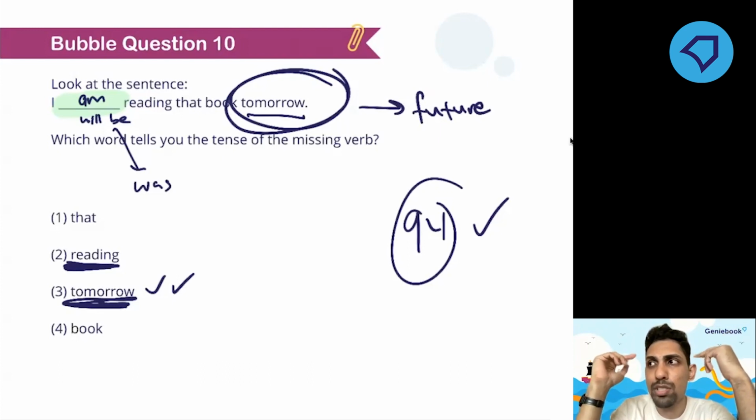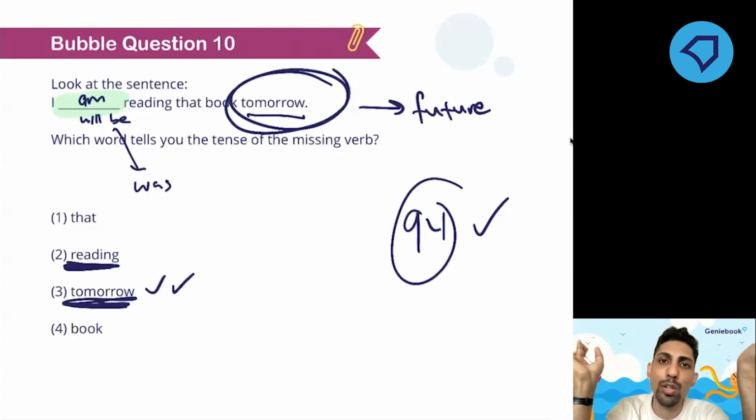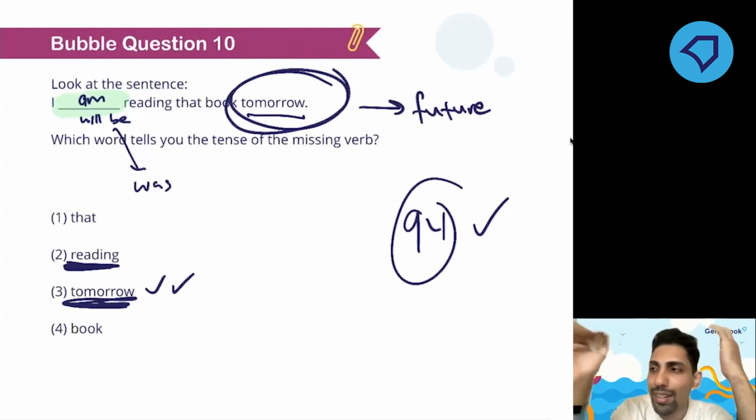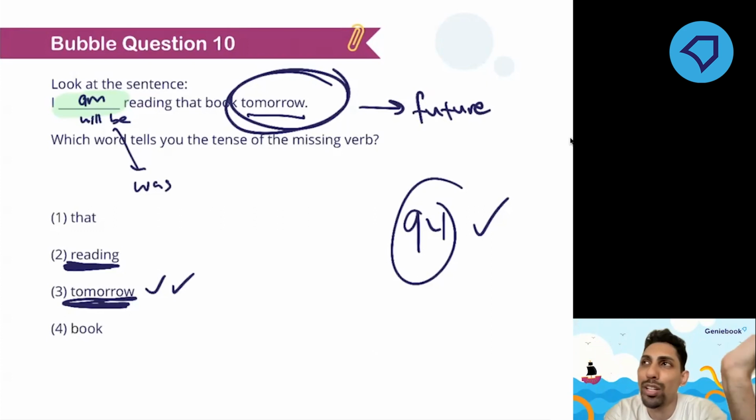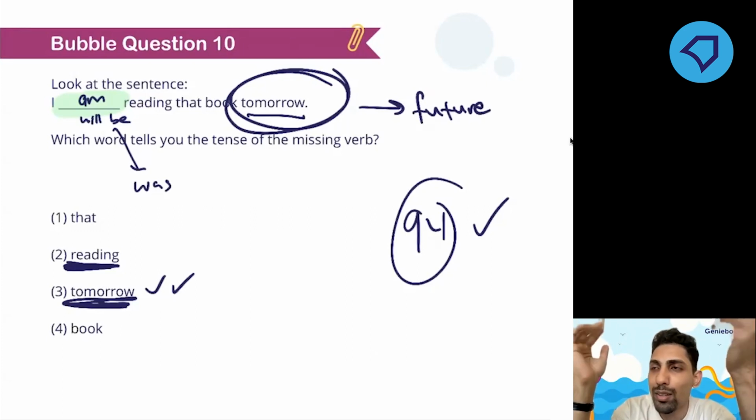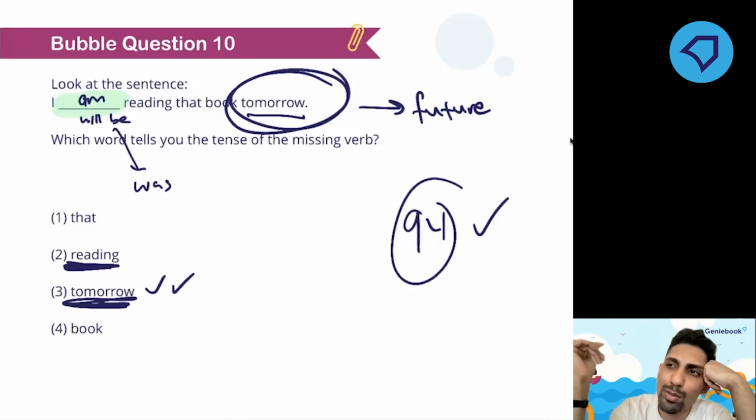You need to sometimes challenge yourself. And this is especially during your homework. During the exams, I don't expect you to do that. But while doing your homework, I know it can be difficult because you might have a lot of things to do. No time to sit down and leisurely think about grammar. But if you ever find yourself with time, do it for one or two questions. Why not this? Why not that?